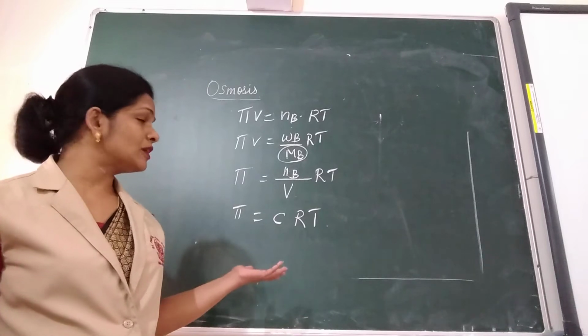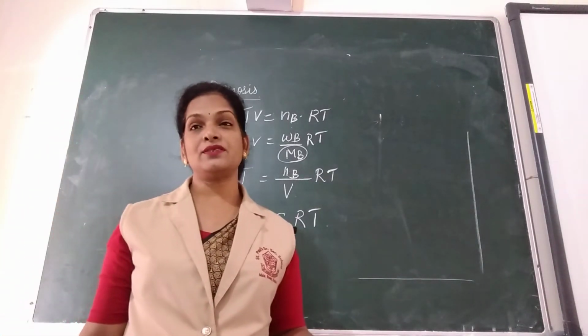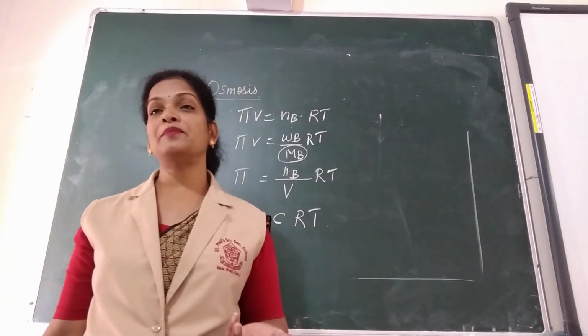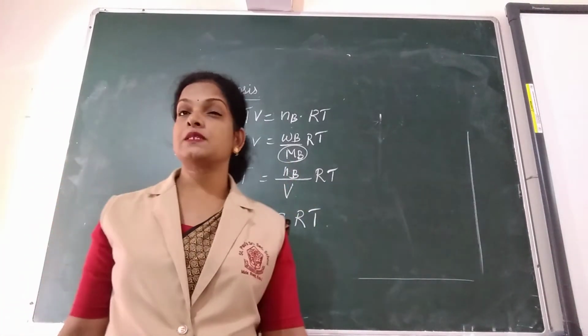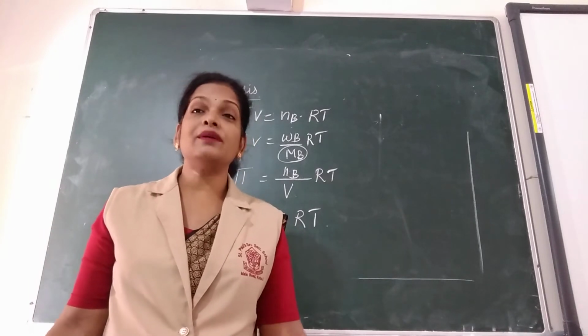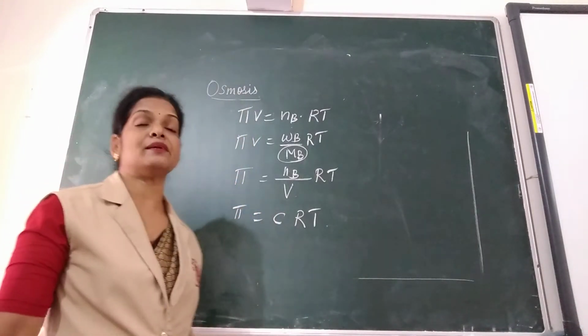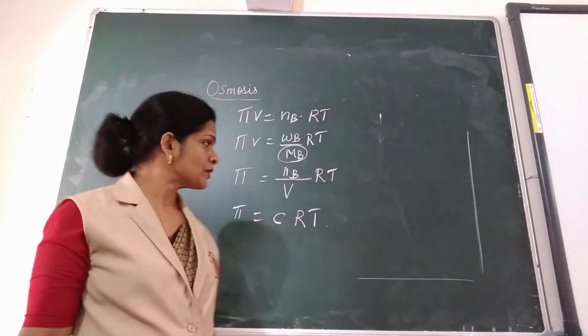Next is biomolecules are not stable at higher temperature. So by elevation of boiling point, you cannot find out the molar mass of these biomolecules because they will get cooked up. Biomolecules are not stable at higher temperature.